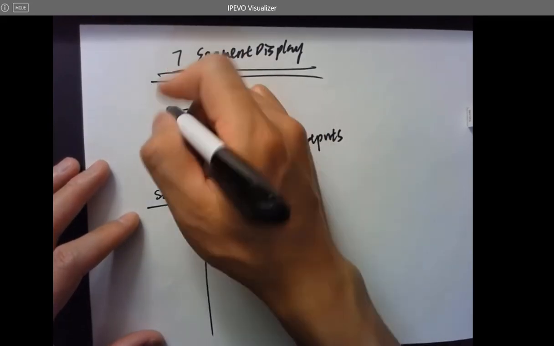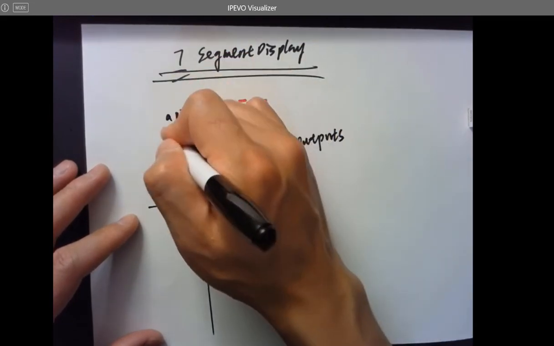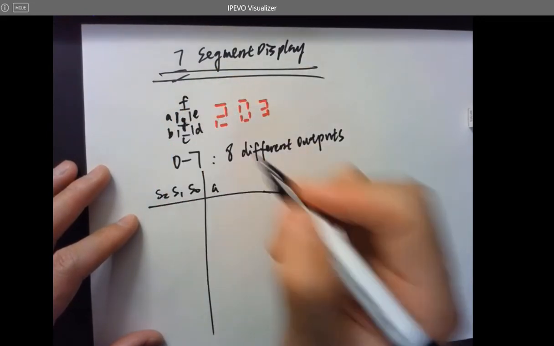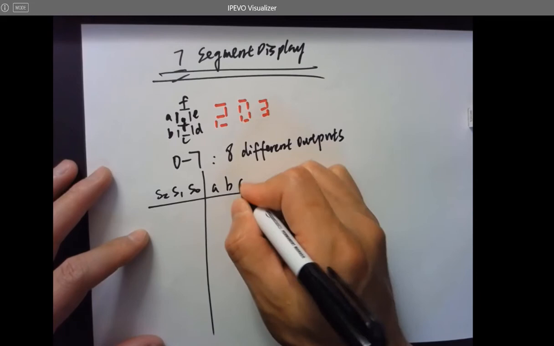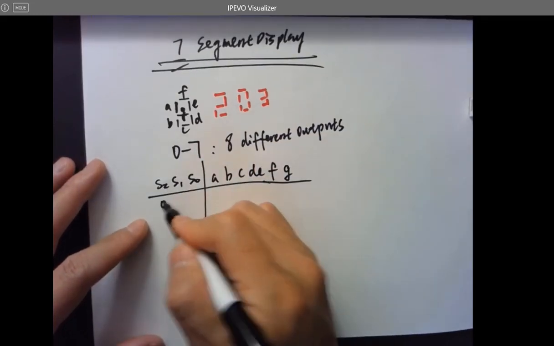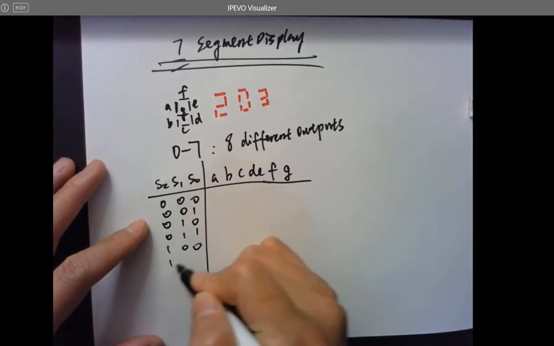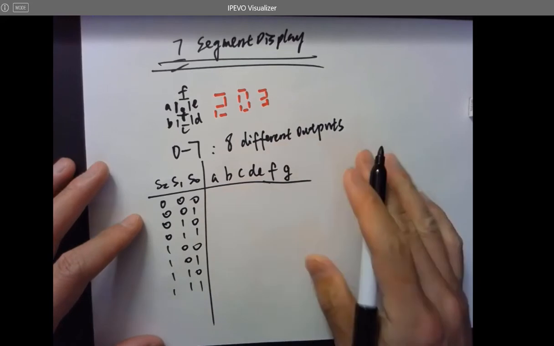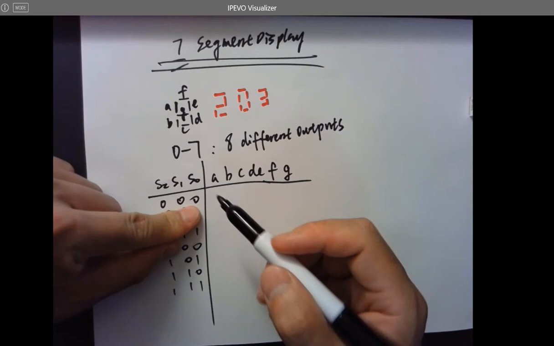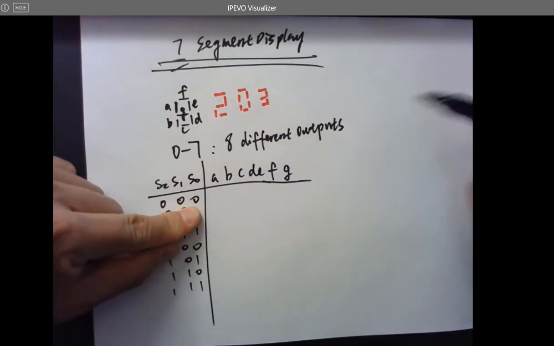Let's label each LED with a name: A, B, C, D, E, F, G. The middle one is G. These are all the different combinations, and you can assign each input to display a different pattern, for example 2 or 9.